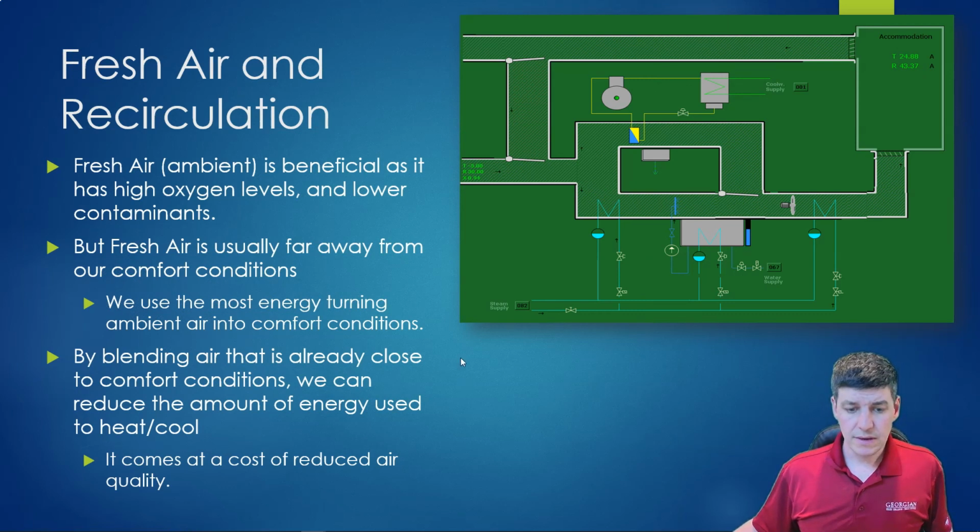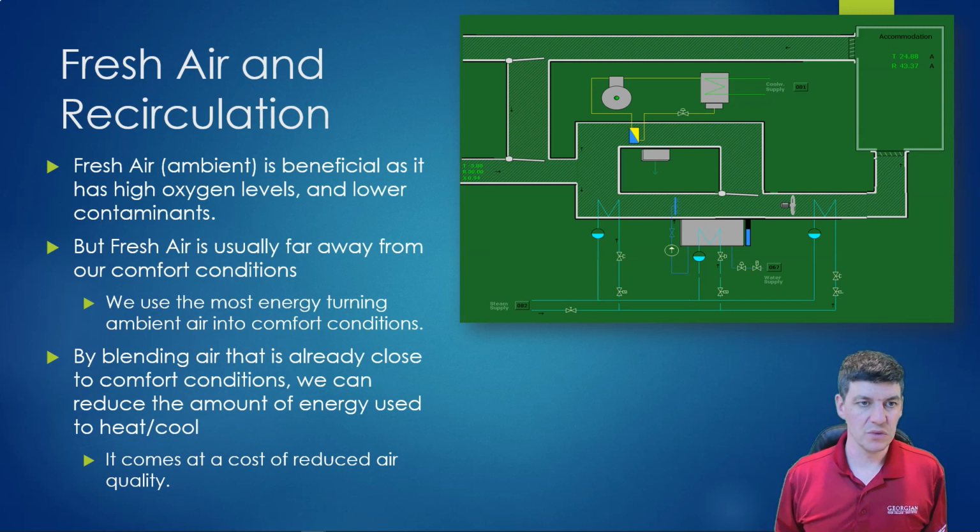One last point, when we have a system, we want to make sure that we have good air quality, and that may involve filtration, and we would likely have some filters built into our system. Another one that's really important is making sure we have fresh air and we are introducing new fresh air on an ongoing basis.